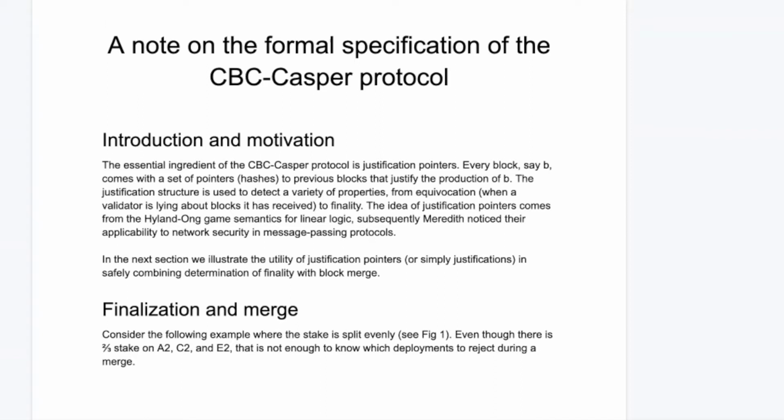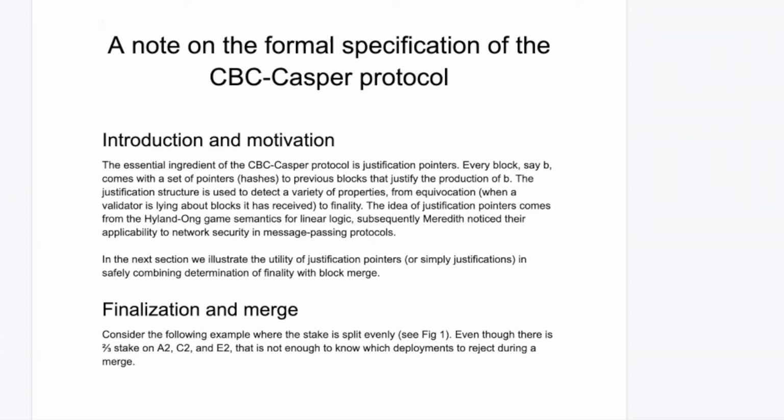So I wrote some extremely high level code, high level in the sense that it's very, very abstract. I use a lot of parametric types that gives a framework for defining messaging protocols that have justification pointers.